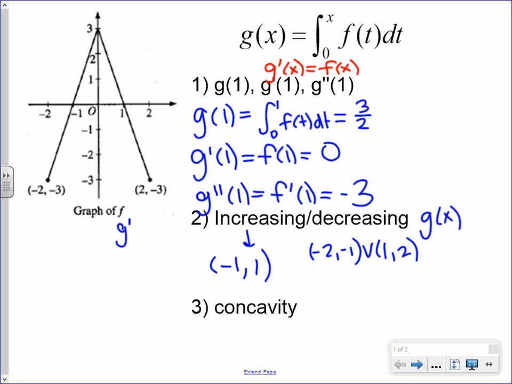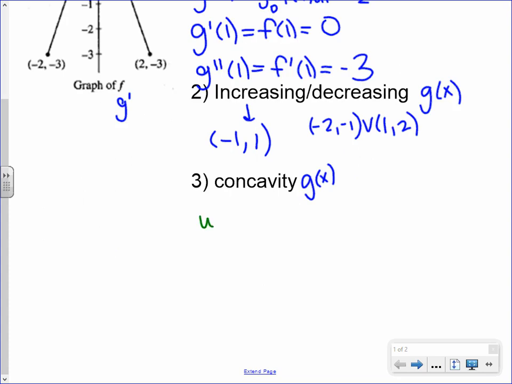Okay, how about if I ask for the concavity of g of x? Turn to your neighbor and tell them what we need to look for the concavity. Okay, concave up. Eli, where is this graph concave up? From -2 to 0. Why?